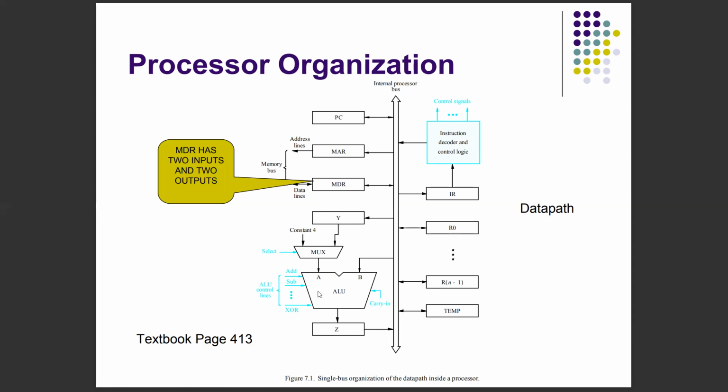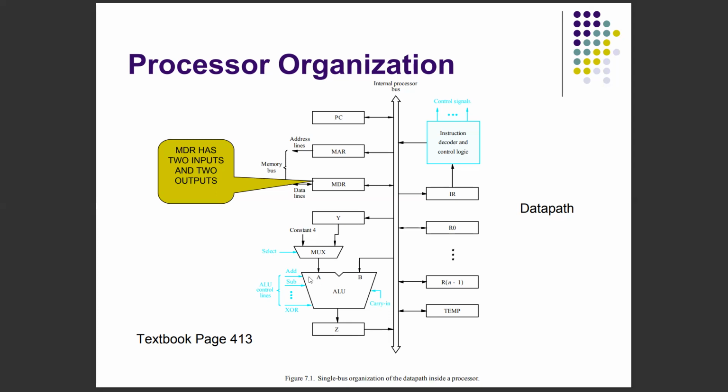Y, Z and Temp are the three temporary registers available in this common bus system. R0 to Rn-1 is a group of general purpose registers. The MUX is nothing but a multiplexer. The inputs for the MUX are the constant 4 and the output of Y. Based on the select line, one of the inputs is forwarded to the output.